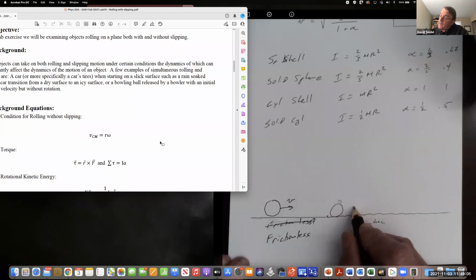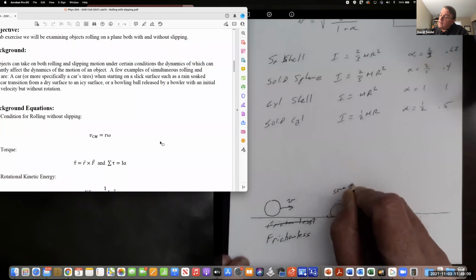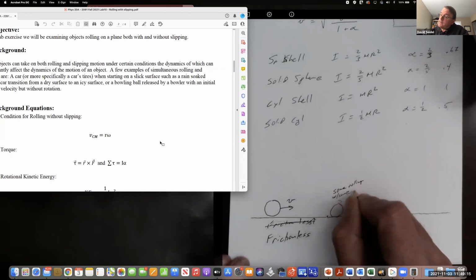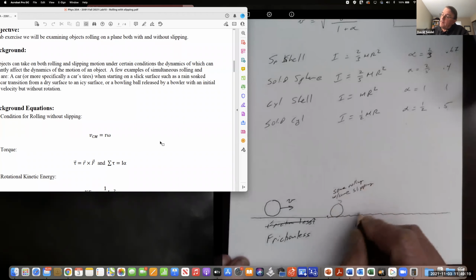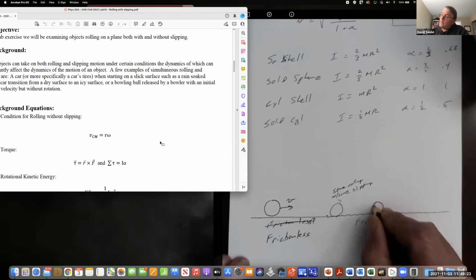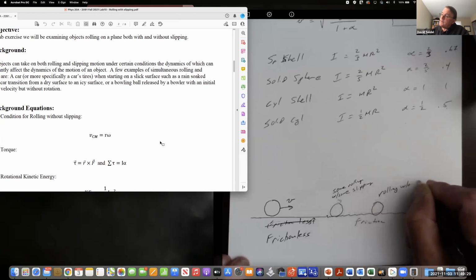And then we have some rolling with some slipping. And sometime later, we get rolling without slipping.